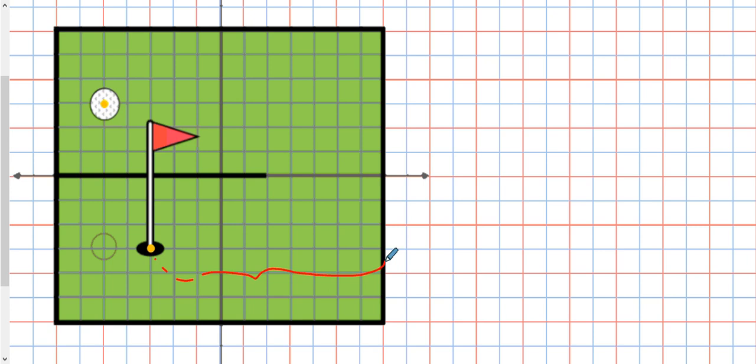If I count here, 1, 2, 3, 4, 5, 6, 7, 8, 9, it's 10 units to that wall. Then that's the number that I would have to reflect over here. So 1, 2, 3, 4, 5, 6, 7, 8, 10. That means my reflection point is going to be out here.